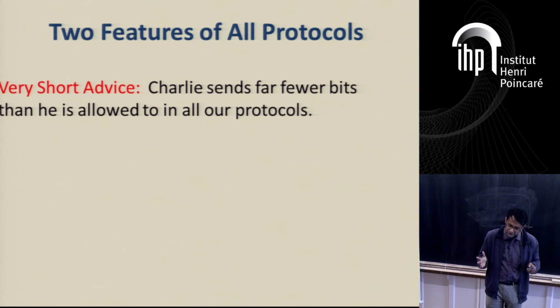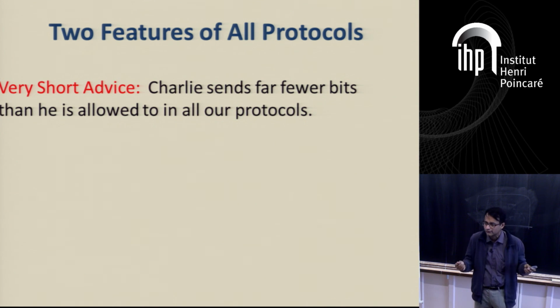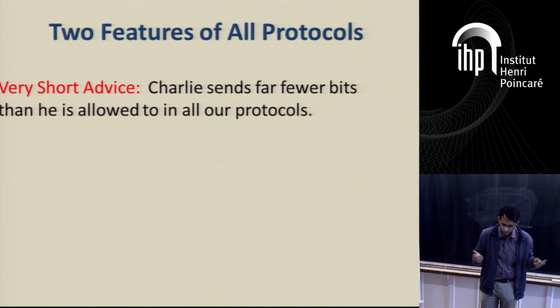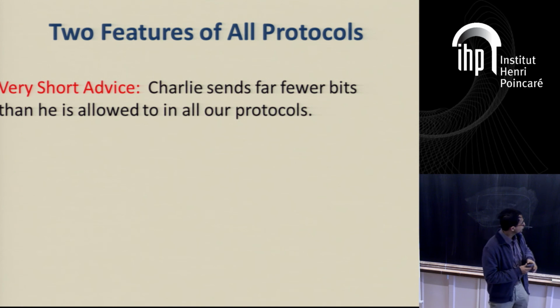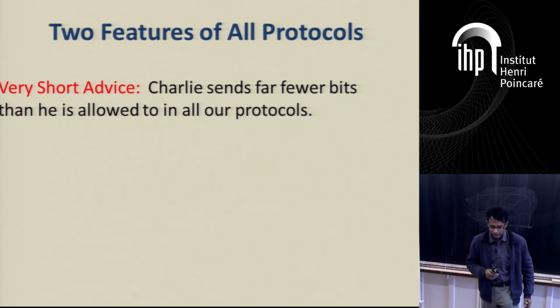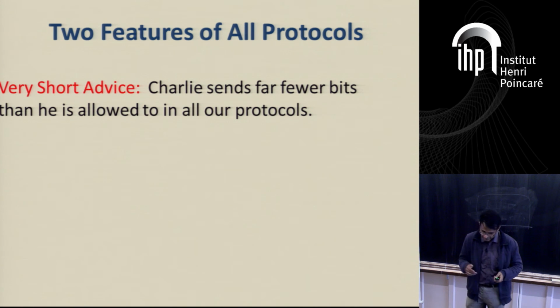It's a very interesting question from the point of view of understanding this. Or can you? Can you compress Charlie's advice always and make it small? We don't know. I don't know of any interesting protocol where you really need the budget that has been provided to you. So that's an intriguing question.